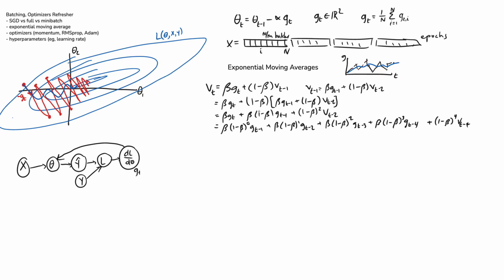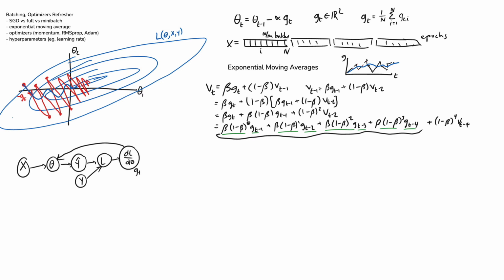But you can clearly see a pattern here. Here's your data, the actual observed data going back in time. And you can see this coefficient, where the exponent increases each time, is decaying.